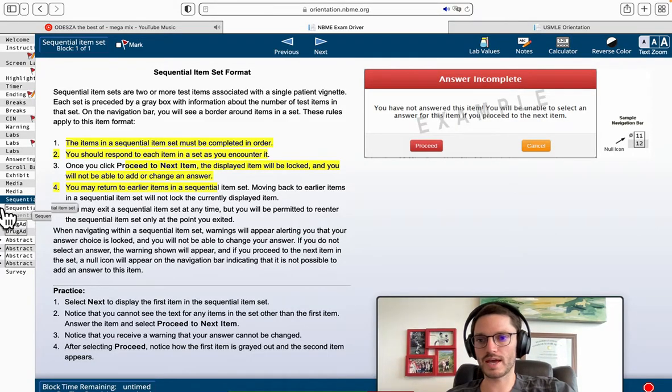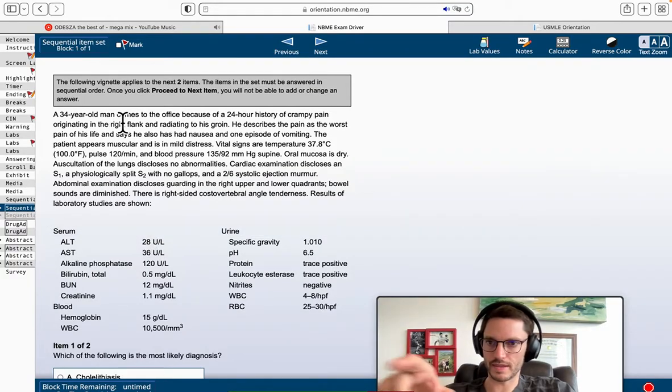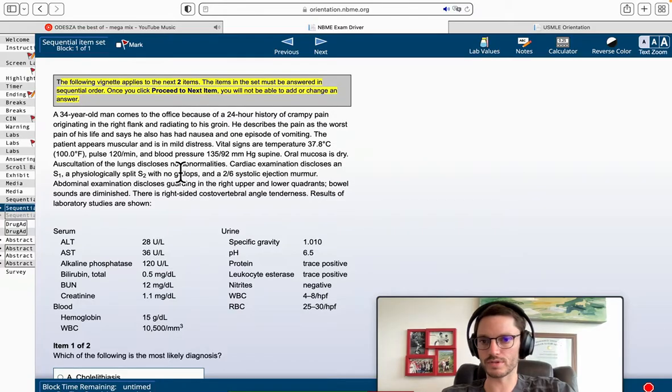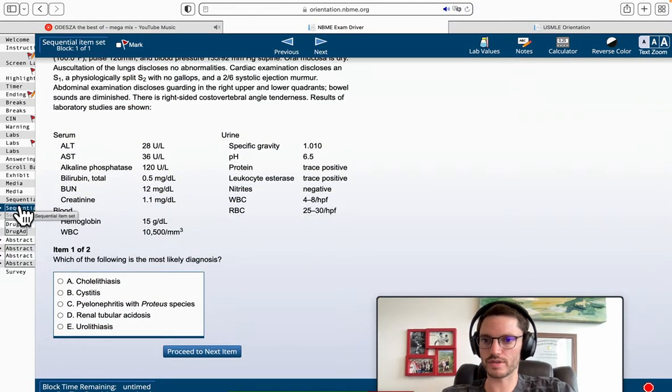So you usually have to answer, or you always have to answer the first question in order for you to answer the second one. So you mark the first one, and here it says the following apply for the next two items. Okay, we know that because we already saw this box encircling it.